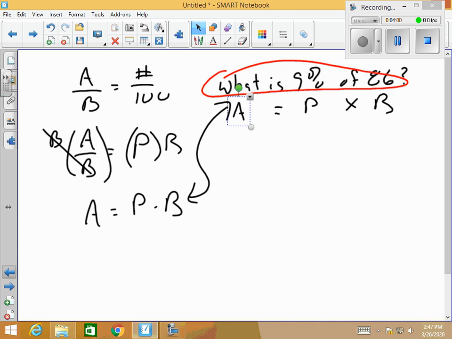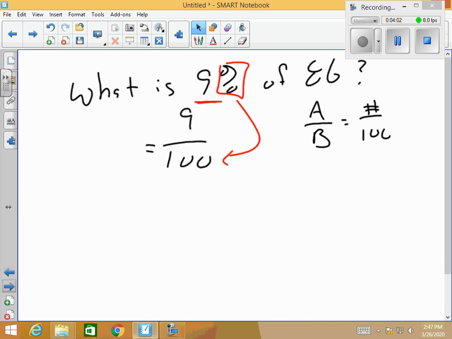So here is my equal sign. What is my amount? That's what I'm looking for, which means my base should be multiplied by my percent. Of means to multiply.